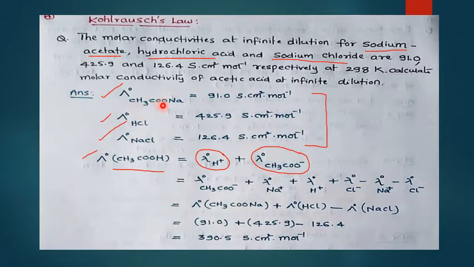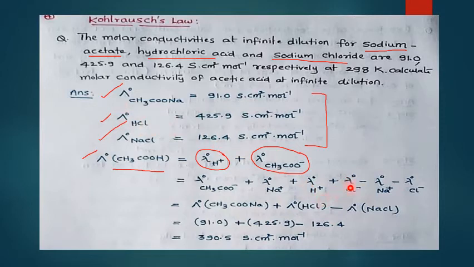That means the entire term should be positive. So directly take lambda CH3COO minus plus lambda naught Na plus. Next, what you want? H plus. Where is H plus present? Here. So the entire term should again be taken positive, lambda H plus, lambda naught Cl minus.